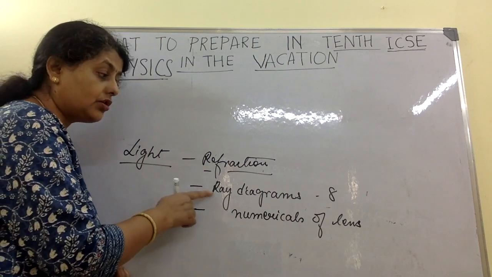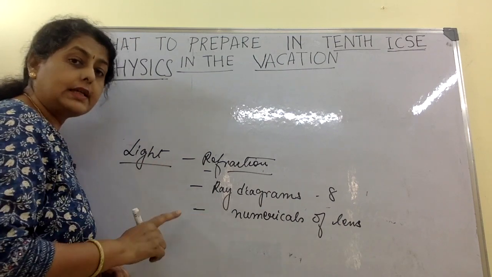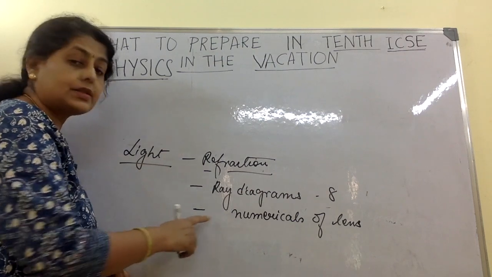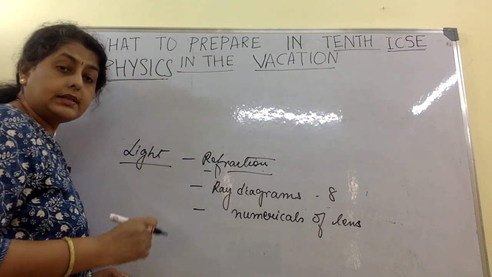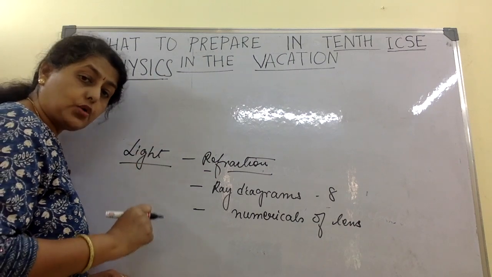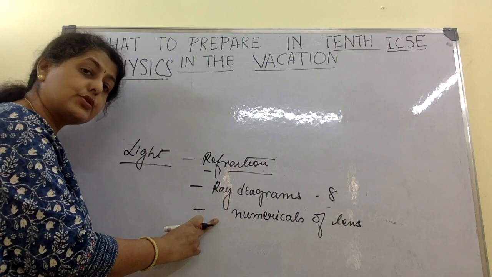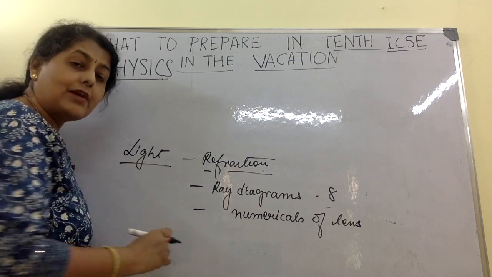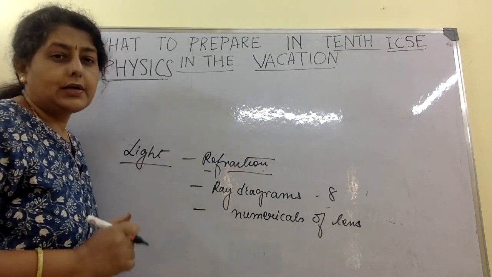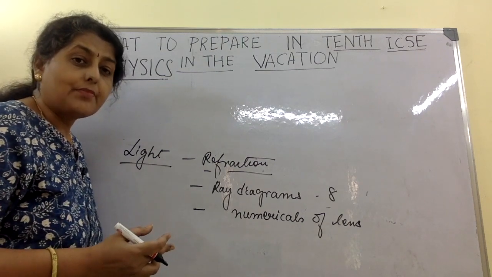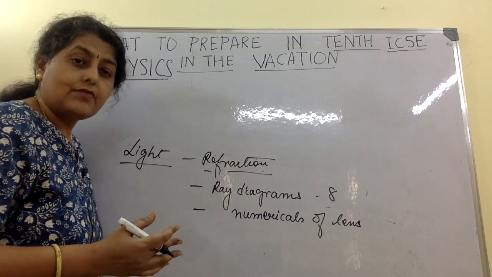I have a full video on these things. I will put the link in the description box. Go through it. Okay, so numericals of lens is another thing that you must know. Now this needs some sign convention that I have also explained. Okay, I want to tell something here to all of you. See, any topic, if you really want to do well in the exam, you need many revisions for that.